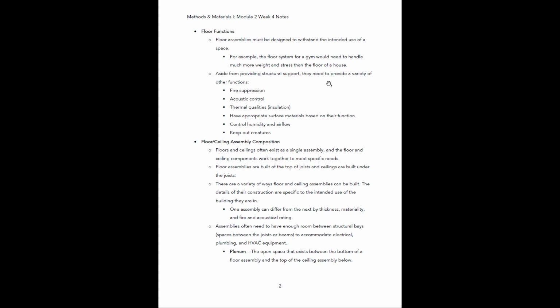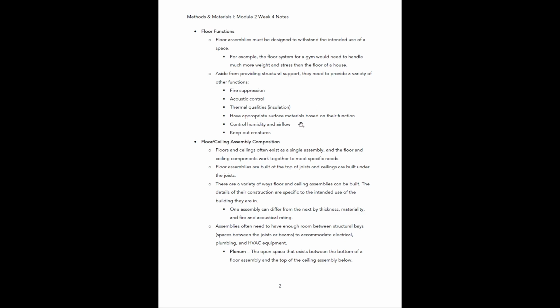Aside from providing structural support, they also need to provide a variety of other functions, very similar to a building envelope, like we talked about in the first and second week. They also have to support fire suppression, acoustical control, and thermal qualities, so they're going to have insulation in them a lot of the time.